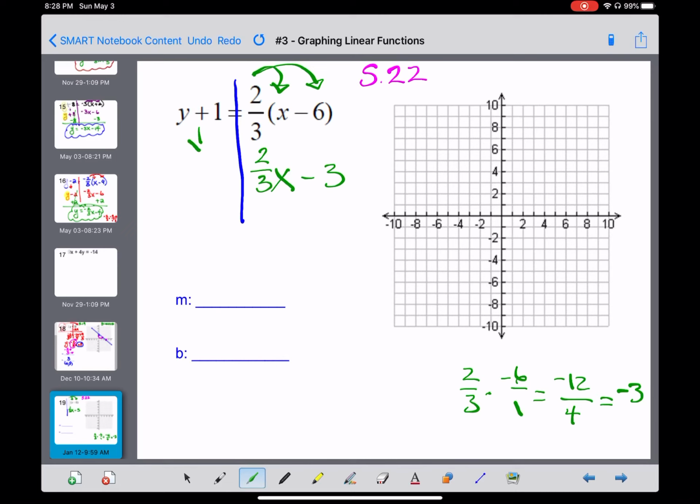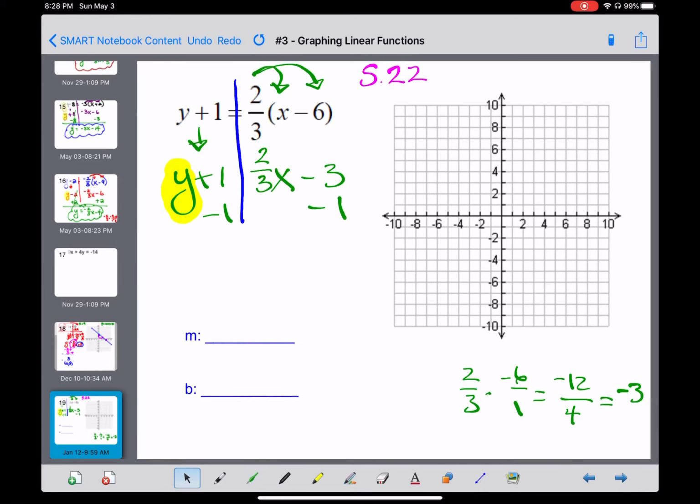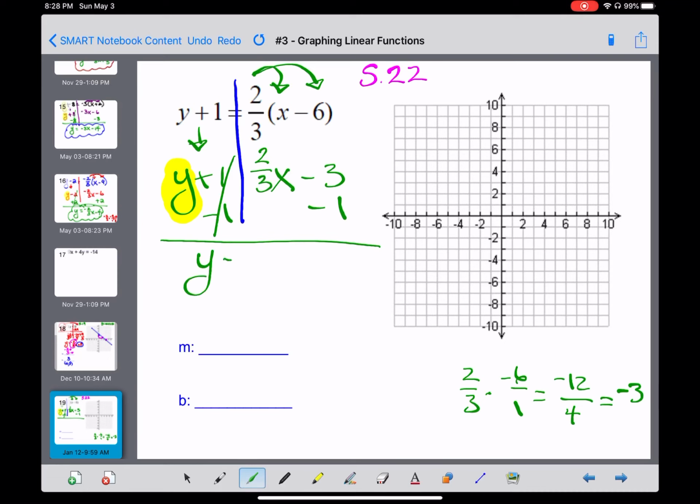And then I just bring down y plus 1. Remember, I need to leave y by itself. So now I need to subtract 1 from both sides. So this is gone, and I have y equals 2 over 3x minus 4.